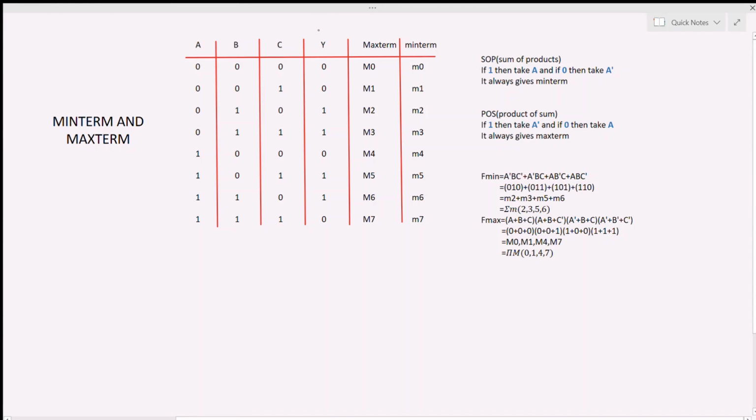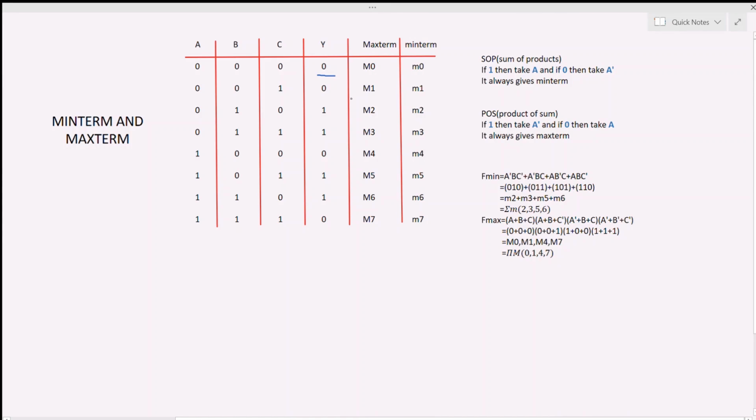If the output we get is 0, then we call it a maxterm. Here y is equal to 0 and the maxterm we represent as M0. So correspondingly we take it as M0, M1, M2 and so on. We'll start from 0.